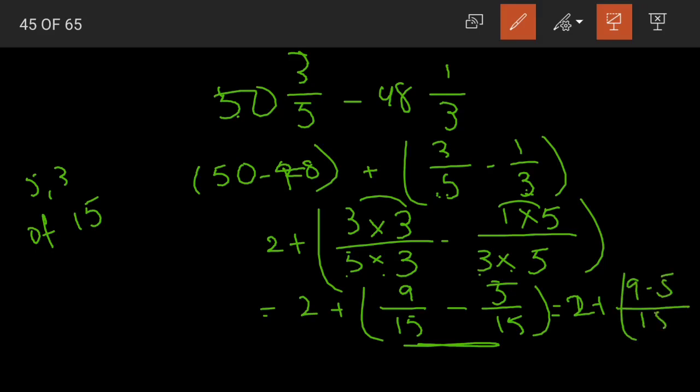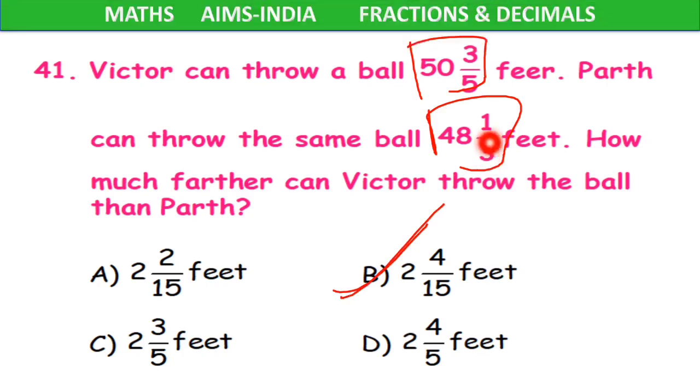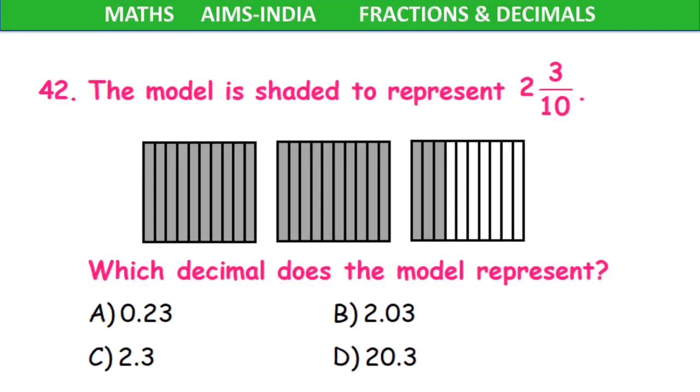Subtract the numerators and keep the denominator. 2 plus 9 minus 5 is 4 divided by 15. 2 plus 4 by 15 can be together written as 2 4 by 15. So 2 4 by 15 feet becomes our correct answer, that is option B. It is just a simple question of subtracting the given two mixed fractions. I hope this is clear.